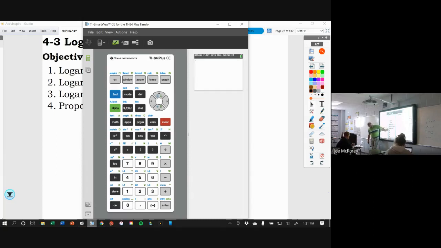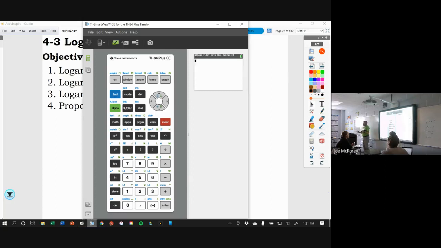Specifically, if we're talking about 10 to the x, that's exponential. What is the inverse of 10 to the x? Log. So what we're doing is logarithms, which are inverses to exponential.